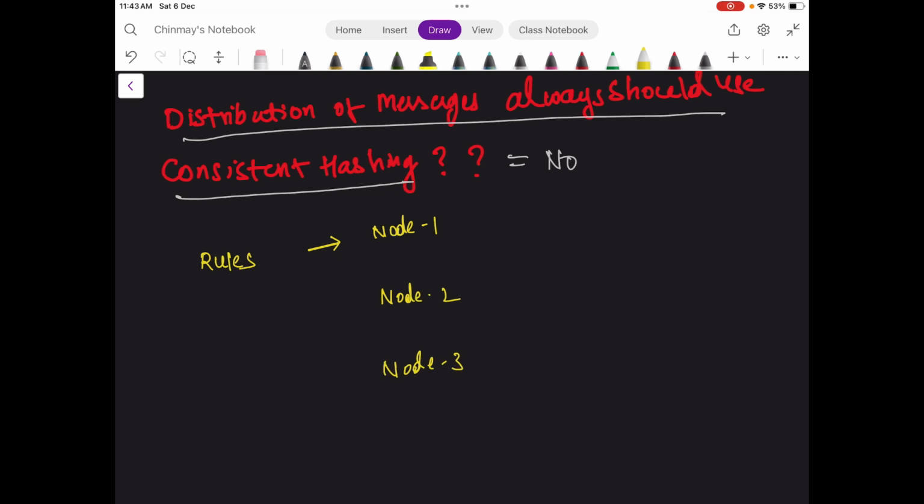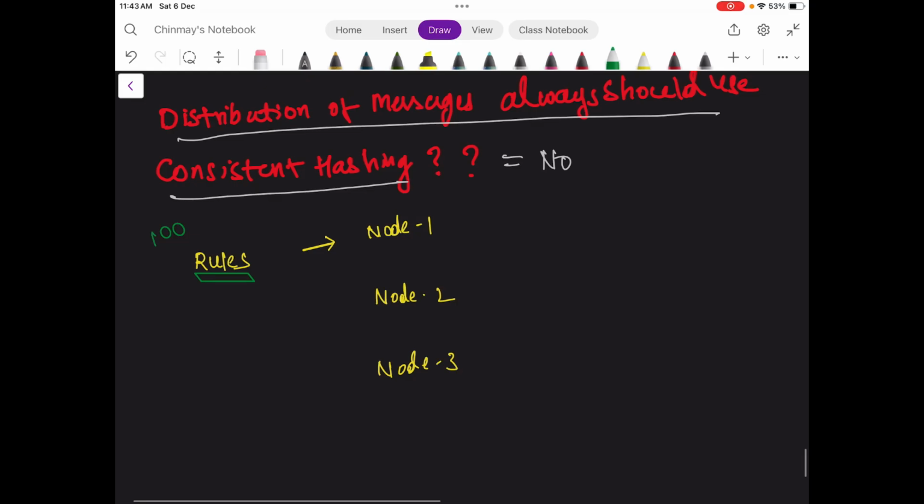For example, we have 100 rules. These 100 rules will be executed in 3 different servers. That means node 1 will execute 30, node 2 will execute 30, node 3 will execute 40, or whatever it may be.